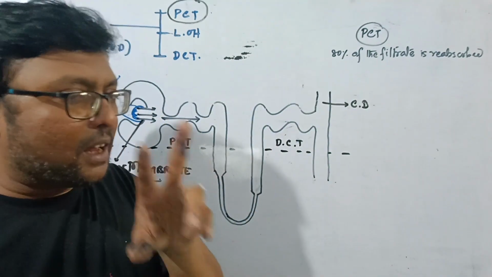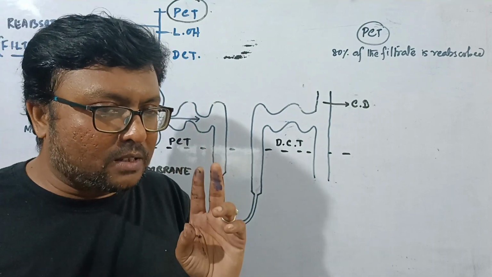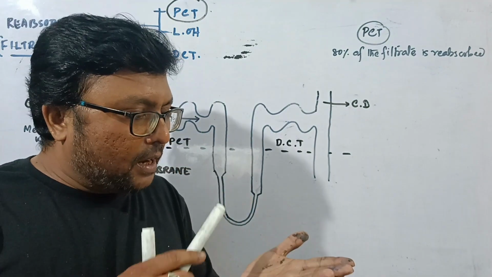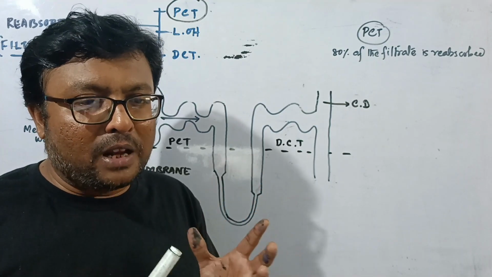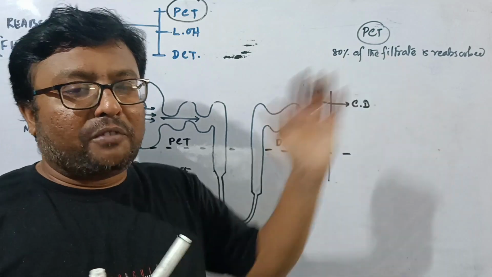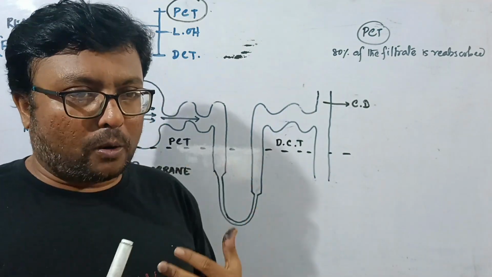The other reason, as discussed in our previous class, is that the brush border cells increase the surface area for reabsorption.